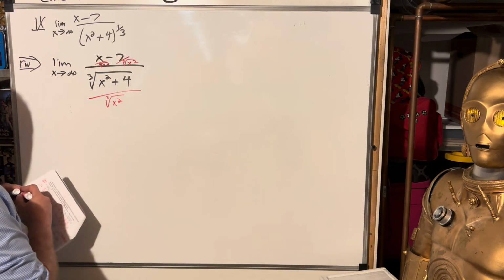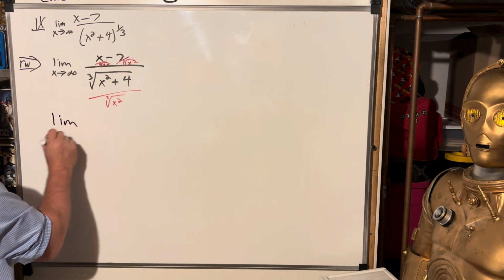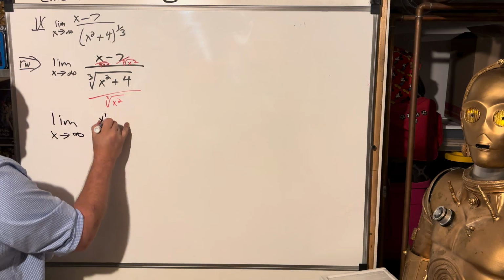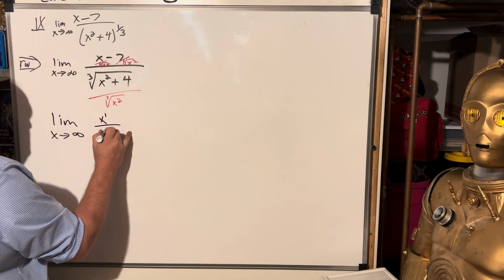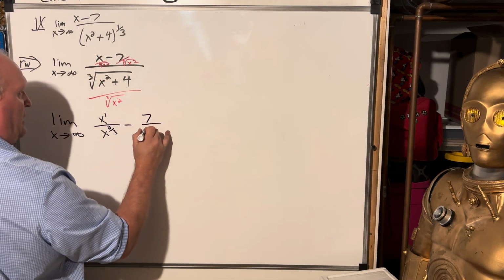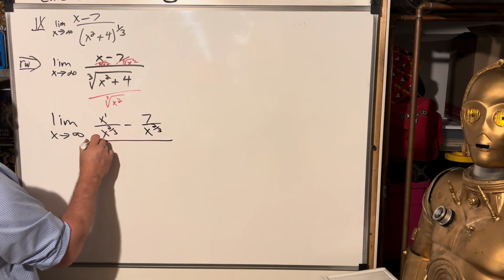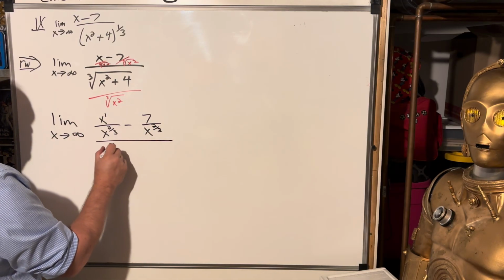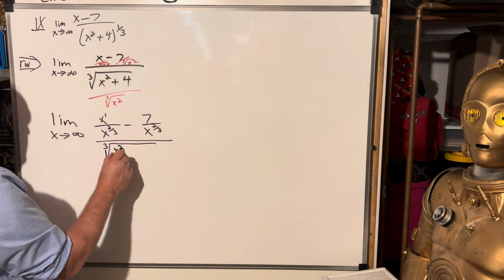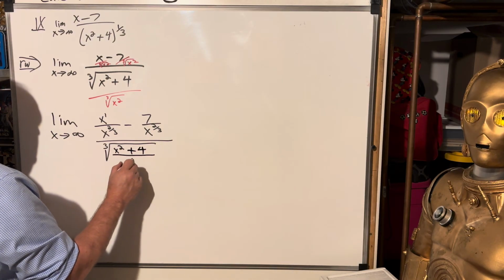Then let's do a little fixing here. So we have the limit as x approaches infinity of x to the first over x to the 2/3, minus 7 over x to the 2/3, over the cube root of x squared plus 4 over x squared.